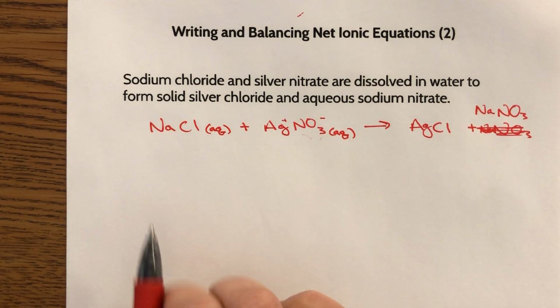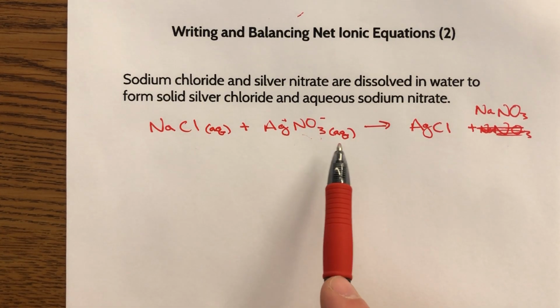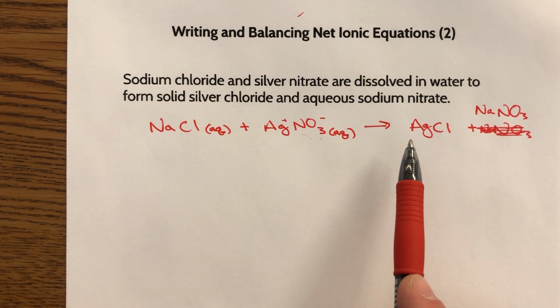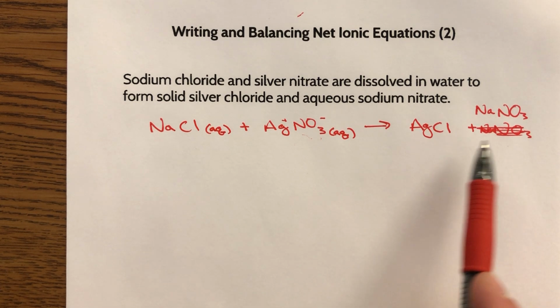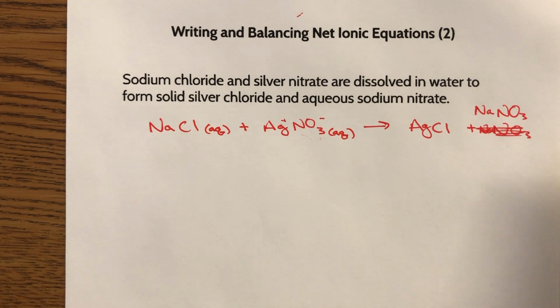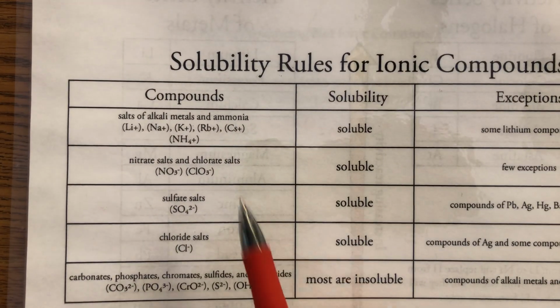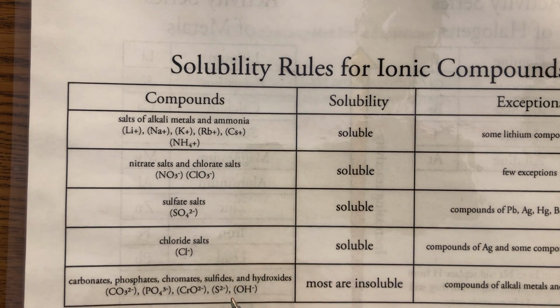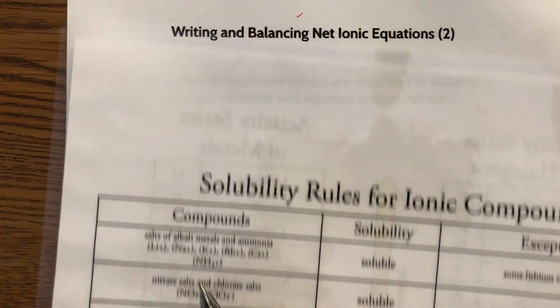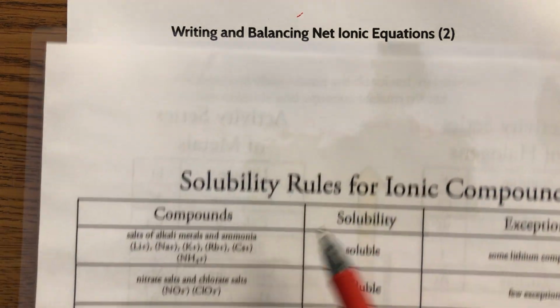So we've got sodium chloride in an aqueous solution, and we have silver nitrate in an aqueous solution. And we're going to see which one of these forms the precipitate. So what we're going to do is pull out our solubility rules sheet, and we're going to examine what we have here. Let's take an example. We have sodium and nitrate.